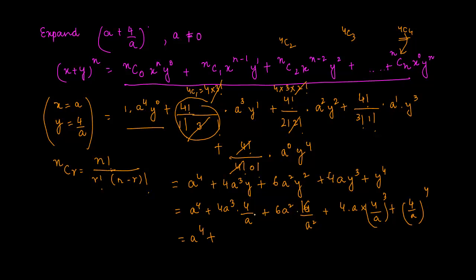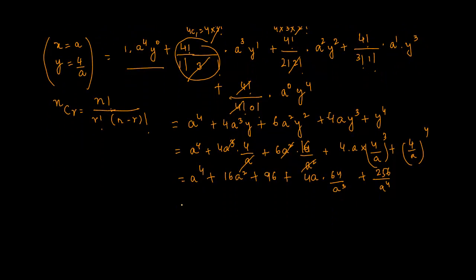So a to the power 4, plus this a will knock off one power from here, so 4 times 4 is 16a square, plus, again this a square will knock off this a square, 16 into 6 is 96, plus this will be basically 4a into 4 cube, which is 64, upon a cube, plus 4 times 4 is 16 into 16, 256 upon a to the power 4.